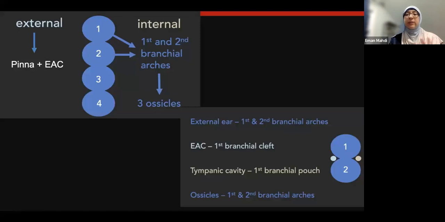So with that we see the external auditory canal arising from the first branchial cleft, the external one, and then the middle ear cavity itself from the pouch, which is the inner structure, and then the ossicles from the first and second arches.